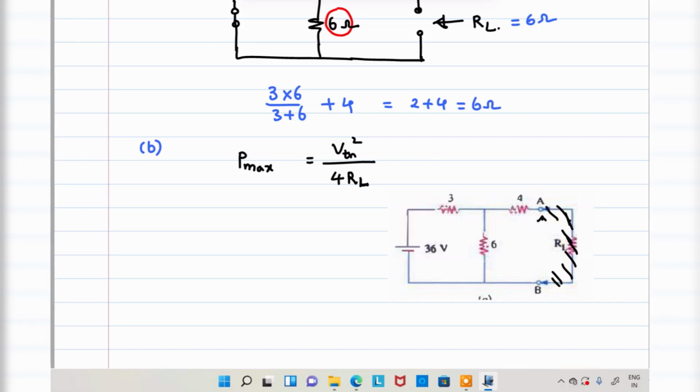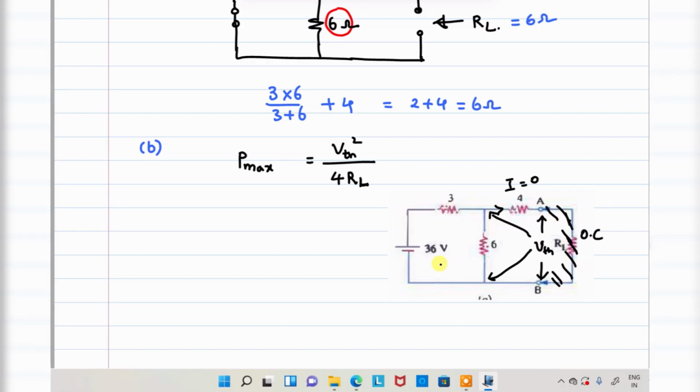So the voltage between these two terminals is nothing but Thevenin's voltage, otherwise the open circuit voltage. How to find out? Whenever it is open circuited, what about the current here? 0. Whenever current is 0, the voltage across these two terminals is nothing but VTH.